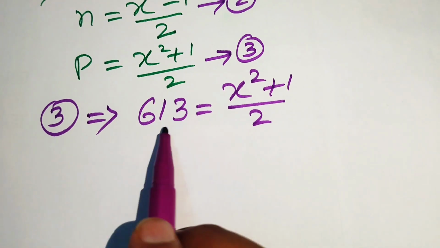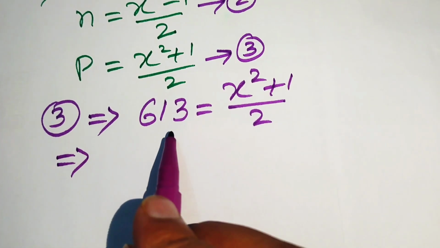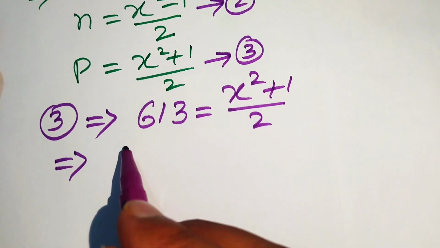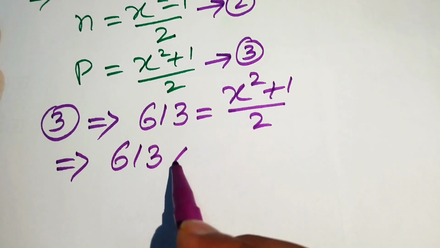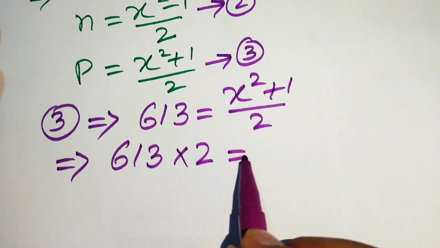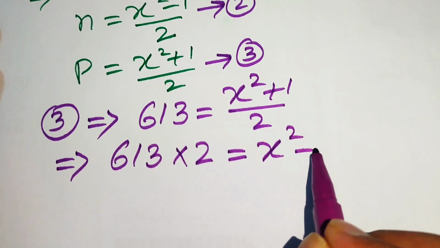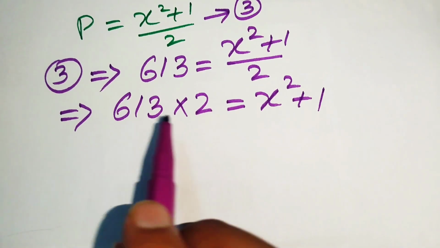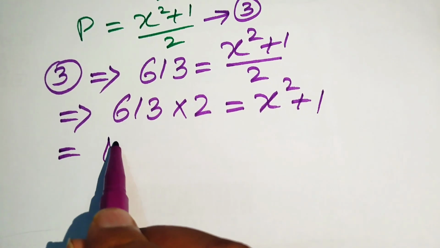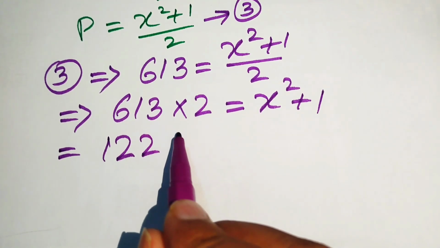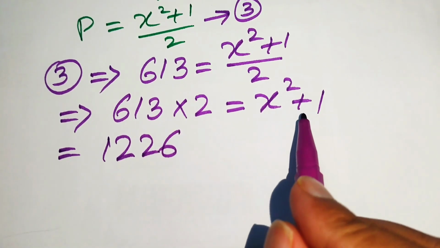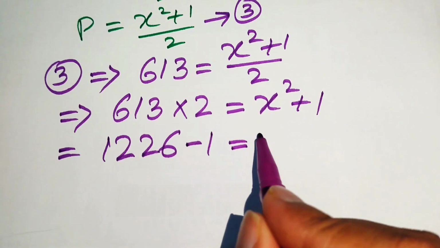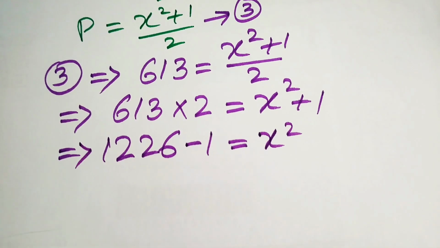We move this 2 to the left hand side, so 613 multiplied by 2 equals x square plus 1. When we multiply 613 by 2, it equals 1226. We move this plus 1 to the left hand side, it becomes minus 1, and this equals x square.